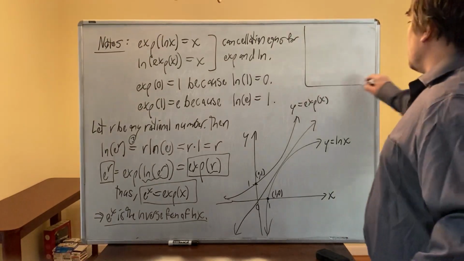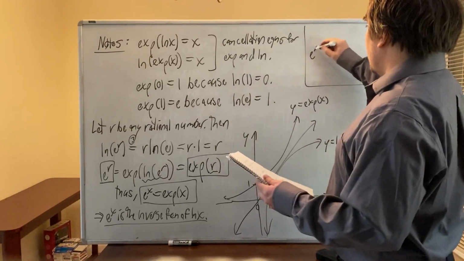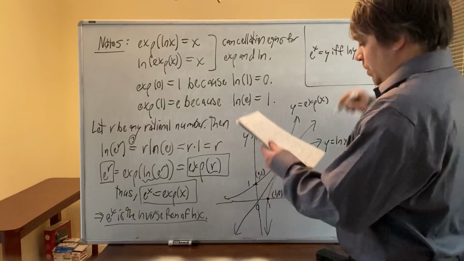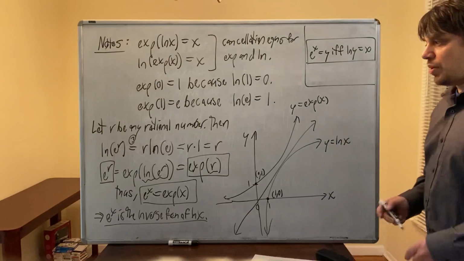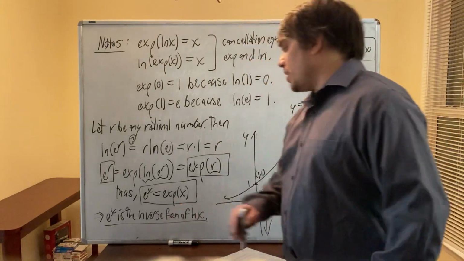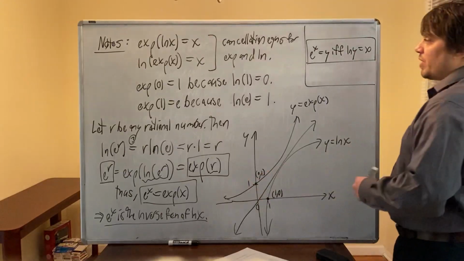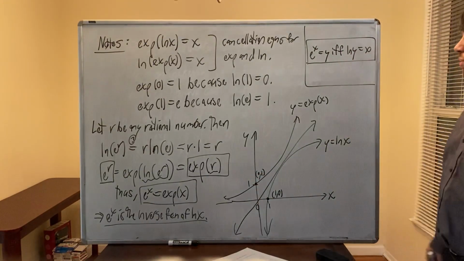And so, another conclusion over here, that means that e to the x equals y, if and only if ln of y equals x. Because we know e to the x is the inverse function of ln x now. And so e to the x being the inverse of ln x means e to the x equals y, if and only if ln of y equals x.